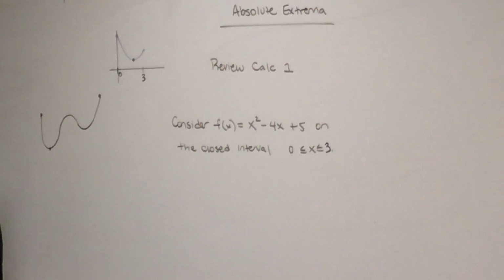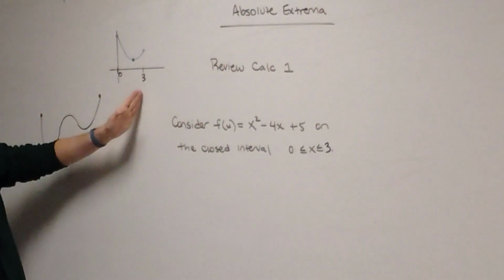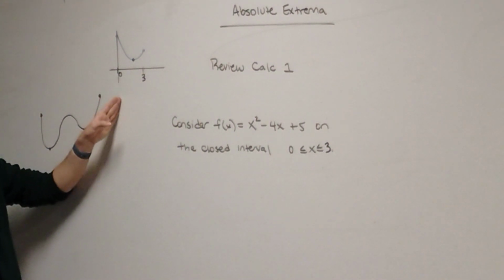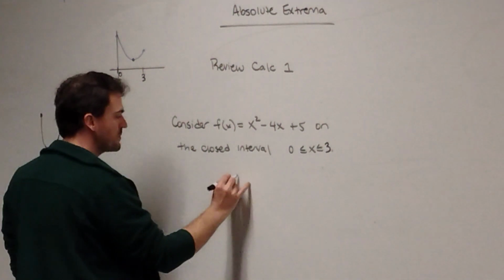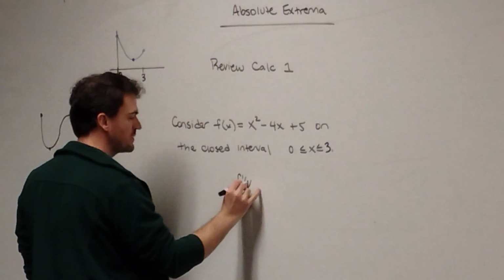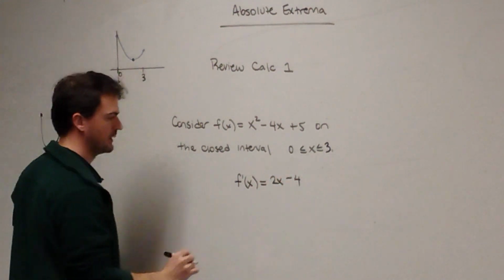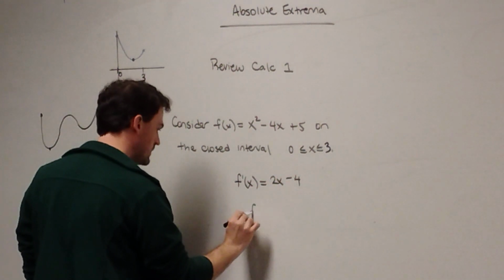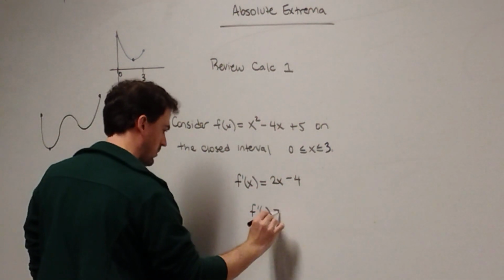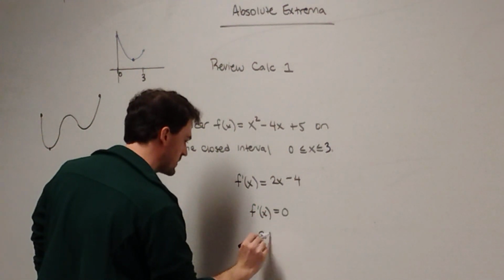So step 1 is to find the critical numbers between 0 and 3. So to find the critical numbers, take the derivative. Set the derivative equal to 0.